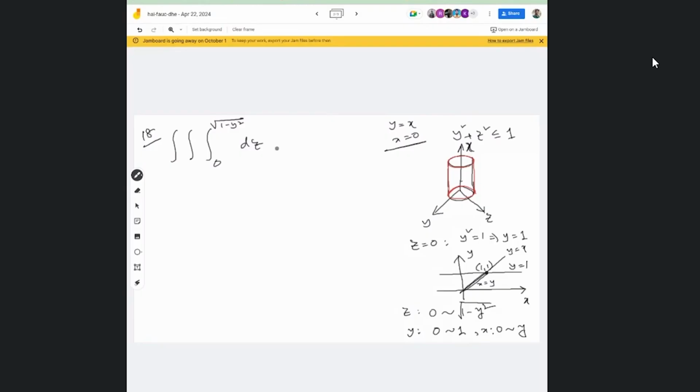Then dx, which is from 0 to y, and dy, which is from 0 to 1.